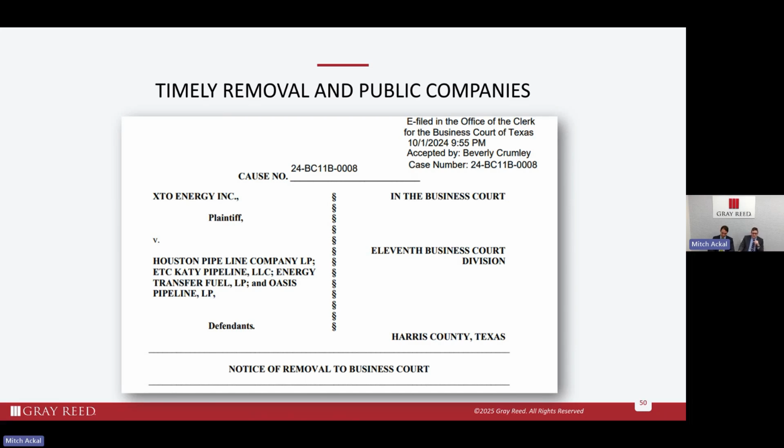But this one's also included because this is one of those pre-September 1, 2024 cases that was removed. And we do, in fact, have a written opinion where the judge has said, no, you cannot remove a pre-September 1, 2024 case. But I thought the argument at least was interesting. Mitch talked about it earlier, that you can remove a case within 30 days of learning facts that make a case removable.